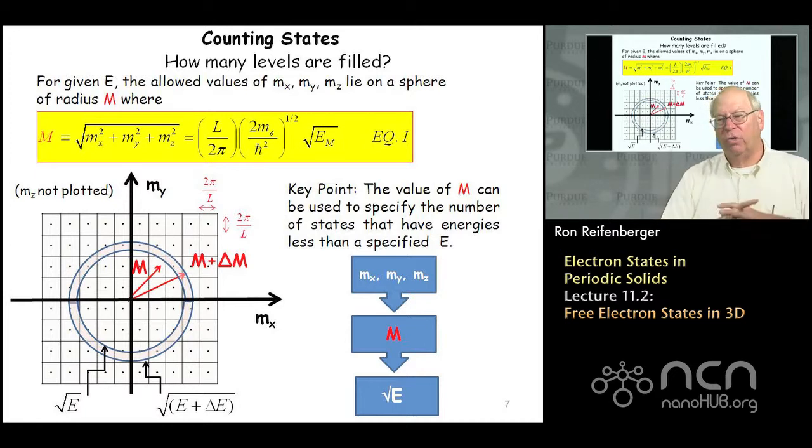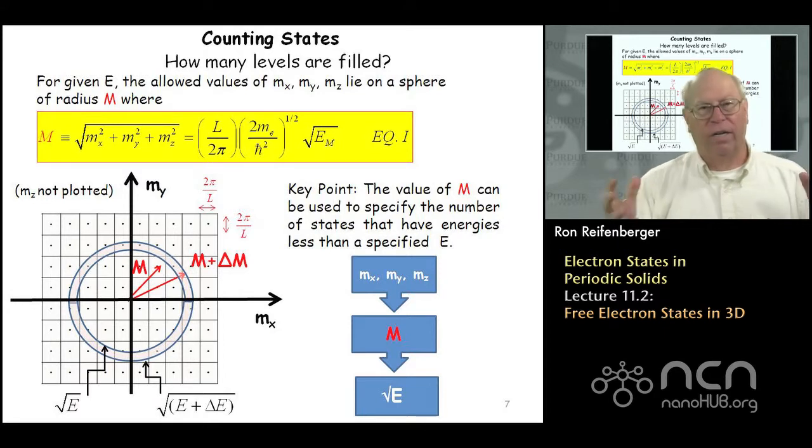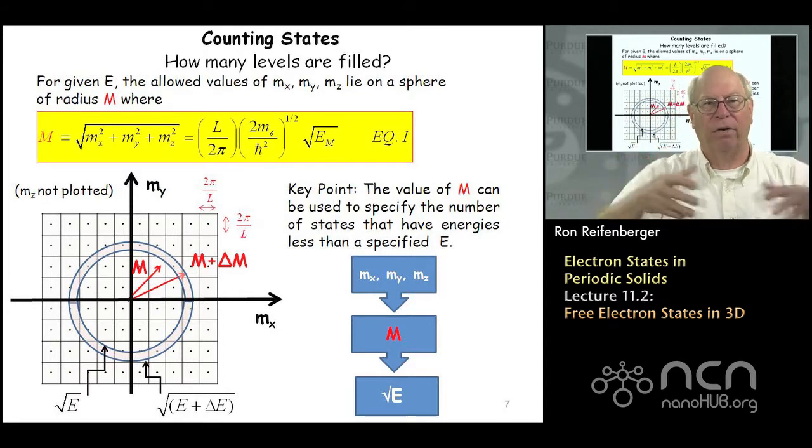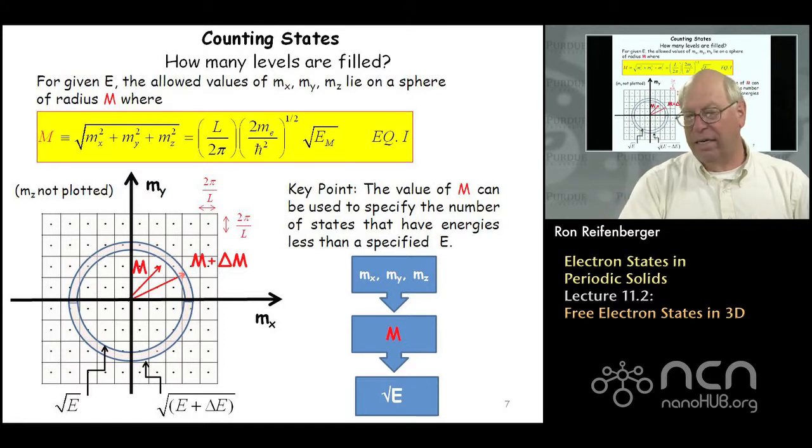What we really want to do is count how many states there are, and then ask how many levels are filled, because we know how many electrons we're putting into, let's say, a cubic meter of a metal. We calculated that in the last lecture, so we know how many electrons there are per cubic meter. If we know how many quantum states there are per cubic meter, we can then start to account for how many of these quantum states are actually filled.